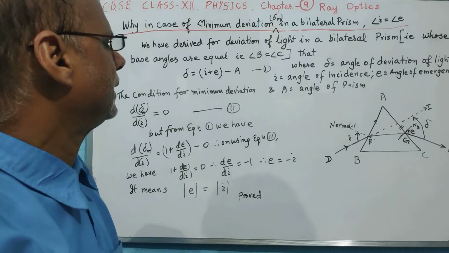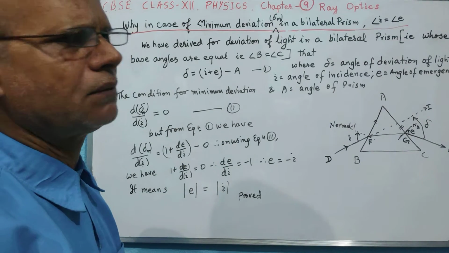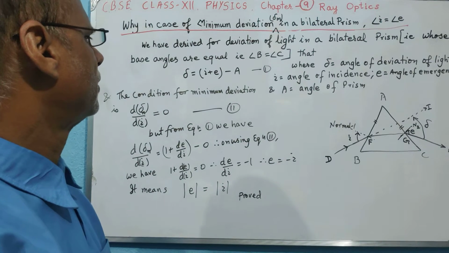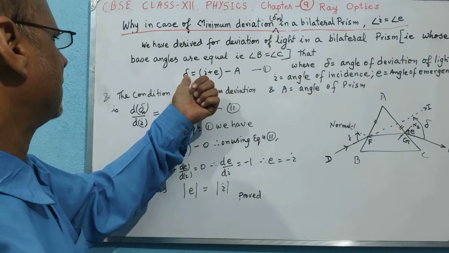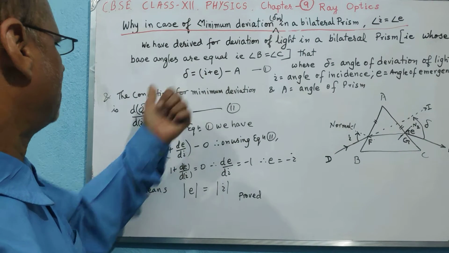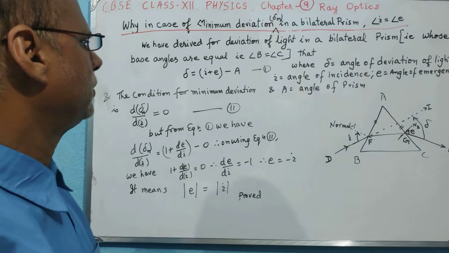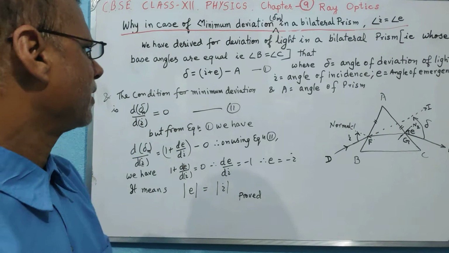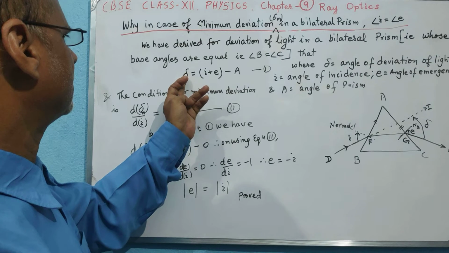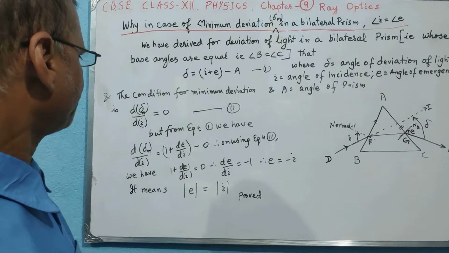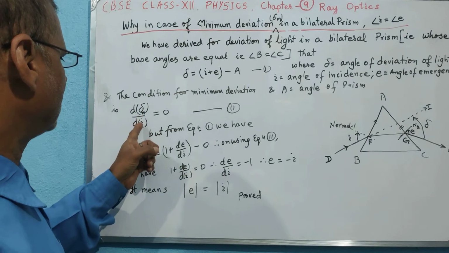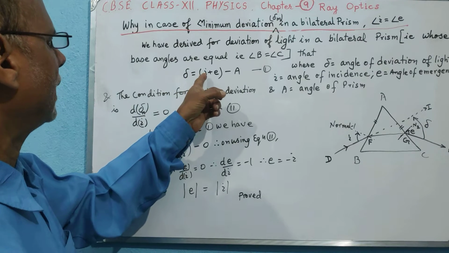Now we know the mathematical condition for the optimum: for the minimum, d delta by dI must be equal to 0 for the minimum value of the variable delta, which varies according to the angle of incidence.